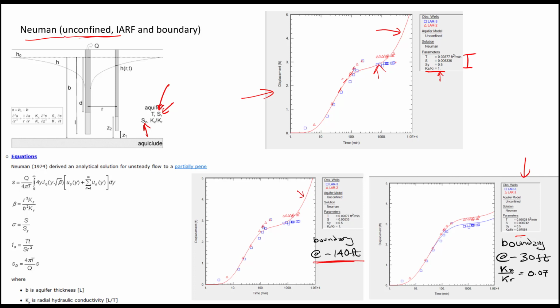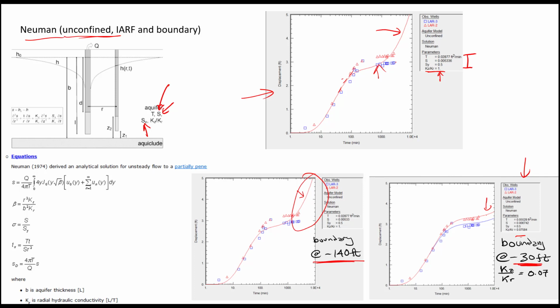So with this Neuman solution, we don't see evidence for the boundary. But if we bring the boundary in closer to 30 feet, then we can see in this case here, this uptick in the drawdown gets flattened out. Okay, so that is really looking a lot more like what we were expecting the data to be, except this boundary is closer than what we really see.